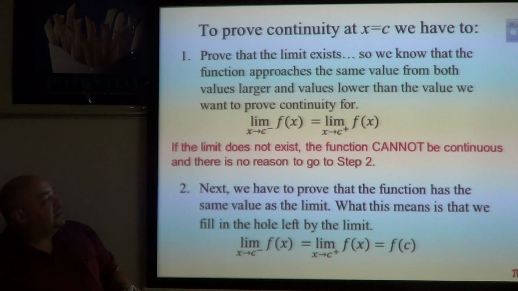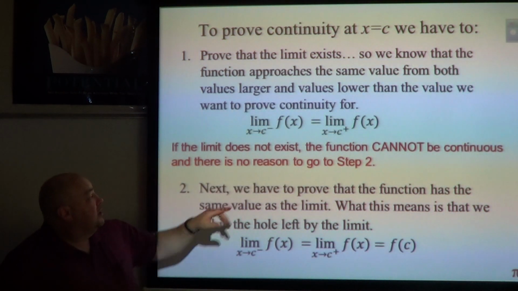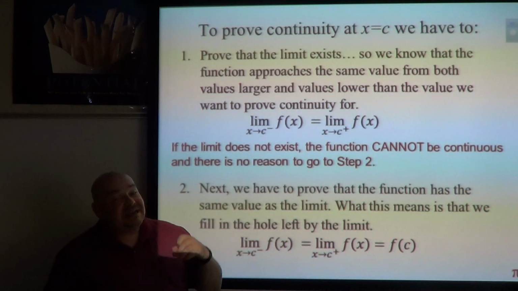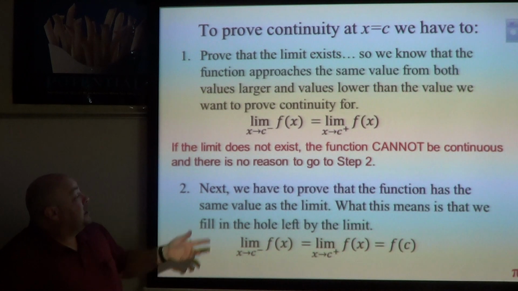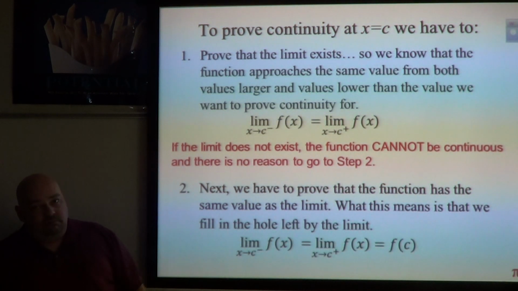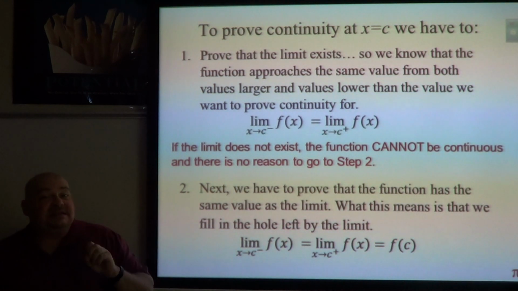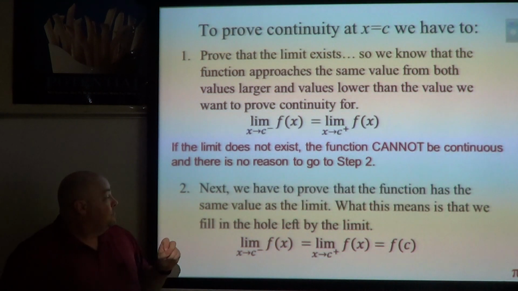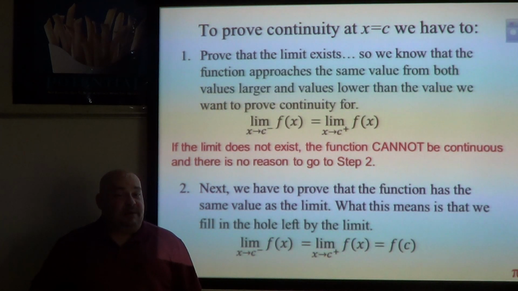And then we have to actually prove that the limit exists. We have to prove that the limit as x approaches c from the left and from the right are the same value. If the limit doesn't exist, stop. You can't prove that it's continuous. All right? And then once you've proven that the limit does exist, we have to prove that the function itself has the exact same value as the limit.